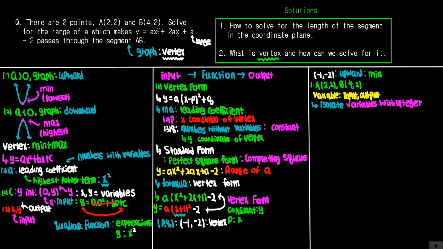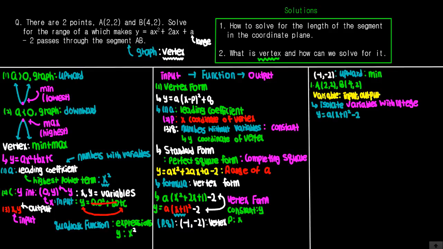So first of all, let's input our point (2, 2) into the vertex form that we converted. Our vertex form was y, which is the output of our function, equal to a times (x plus 1) squared, then minus 2.